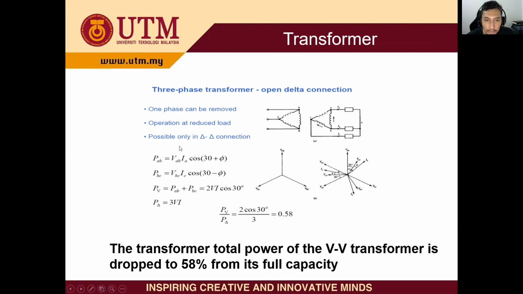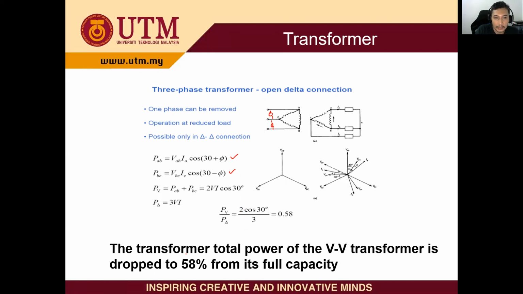So this shows how we can find the maximum capacity here. This can be done using the two wattmeter method. This is the wattmeter connected here, and then a second wattmeter connected here. This is the reading equation for PAB, and this is the reading equation for PBC.